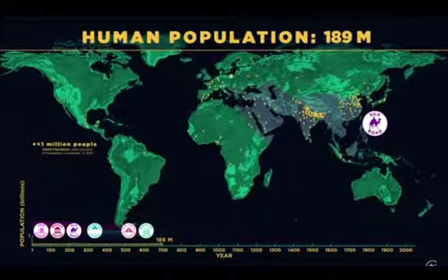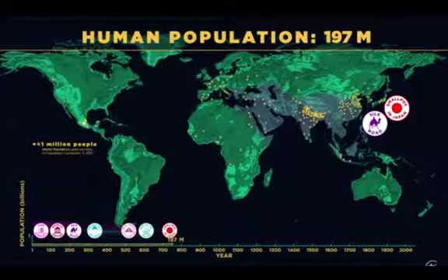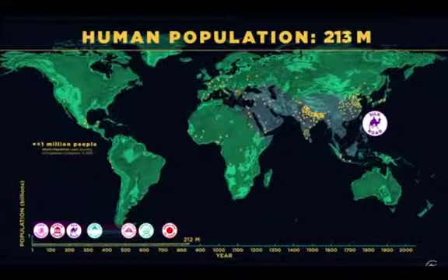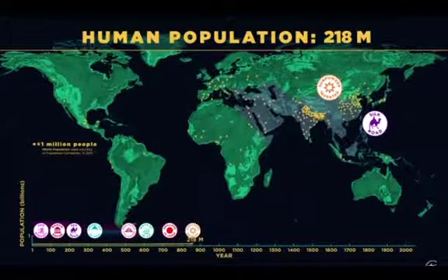Urban cultures are developed because of specialization. So every time we add a million in a center, you're going to see a little pop. And so it's going to start to pick up as we head towards the year 1000.